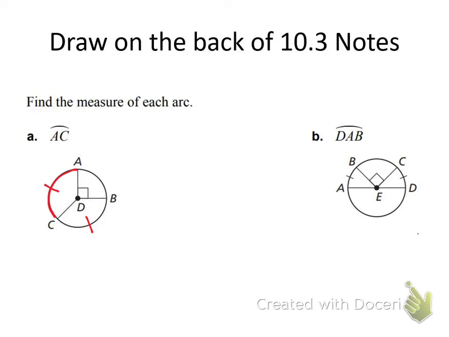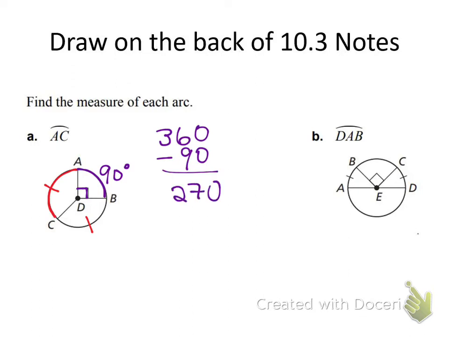Do we know any of the arcs inside of the circle? We know one of them, right? Which one do we know? AB. How many degrees is it? 90 degrees. So how can I figure out how much is left if I already have 90 degrees? Subtract it. We're going to do that first, which makes 270.